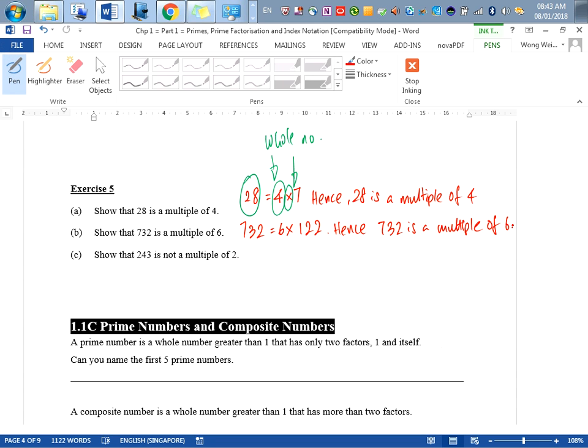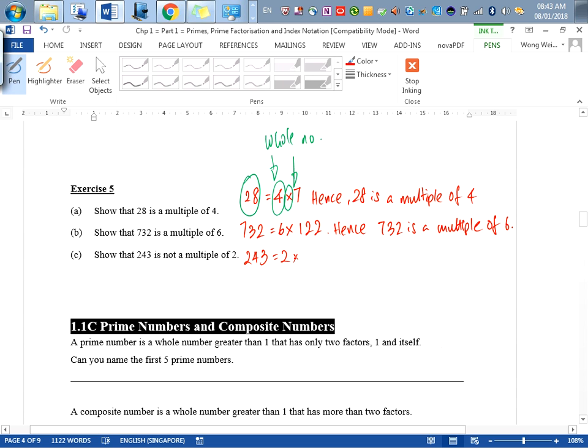Show that 243 is not a multiple of 2. How should we do this? What do you think? Can we do it the same way? What happens if I use the same method? Okay, let's see. 243 is equals to 2 times what?